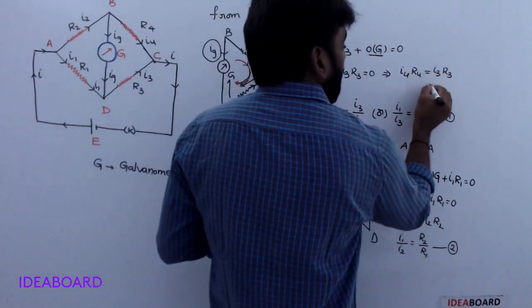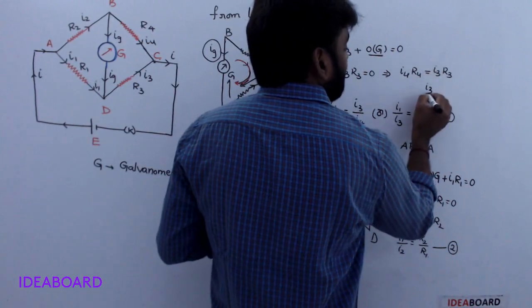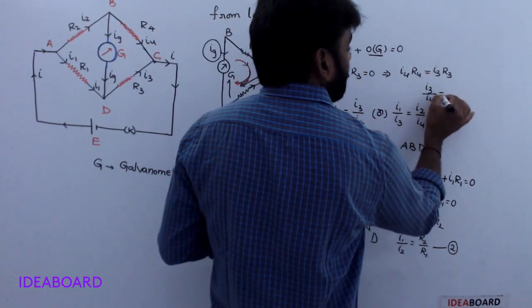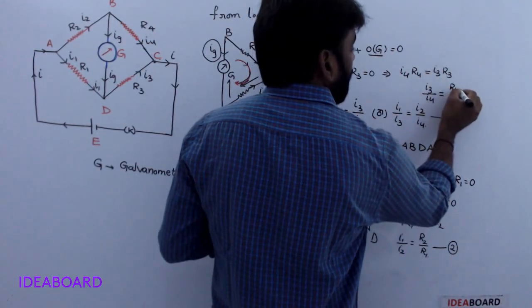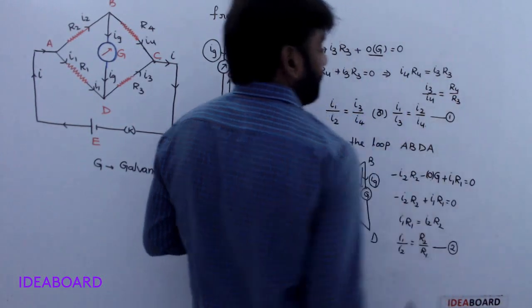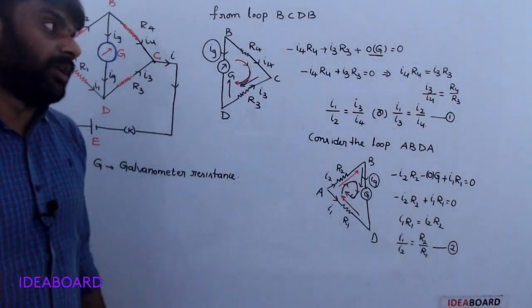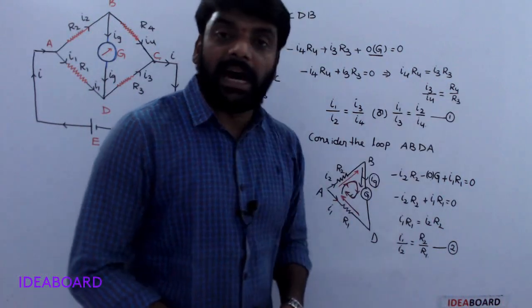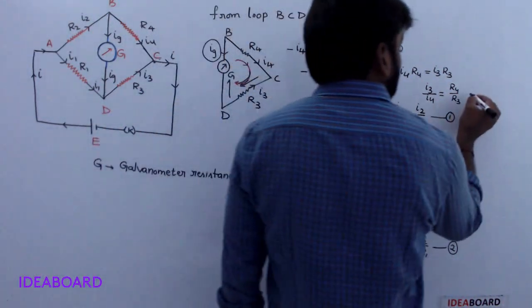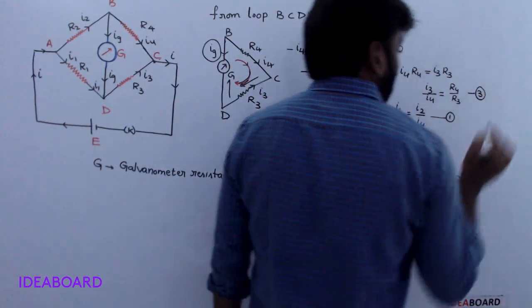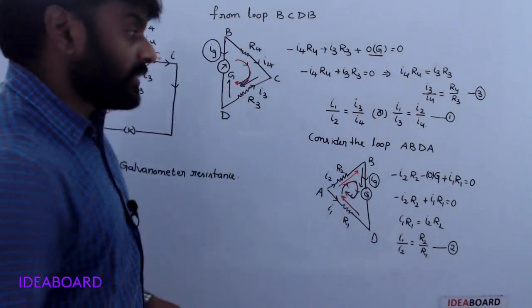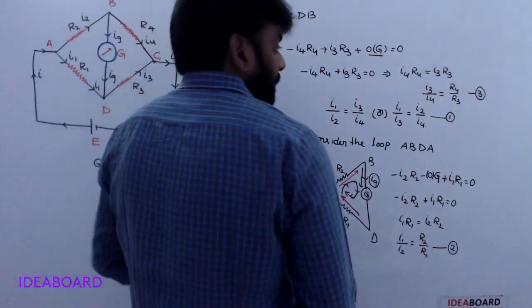So I3 by I4 is equal to R4 by R3. Equation number 3. Understood?